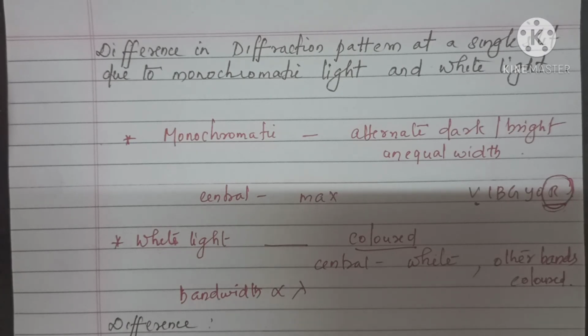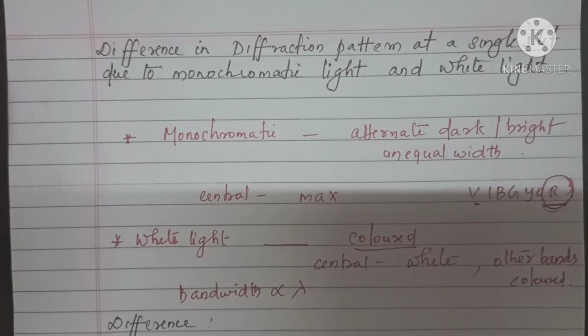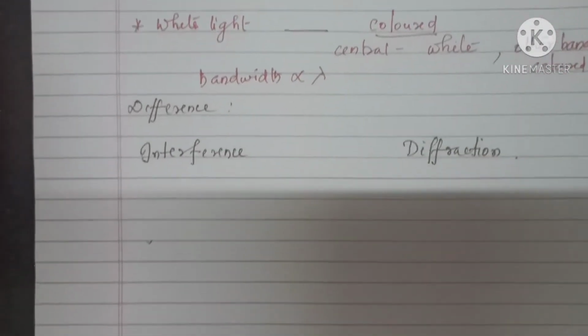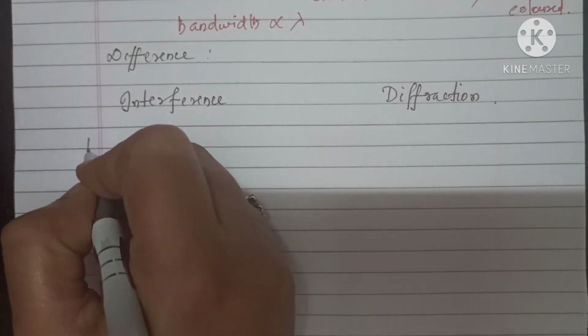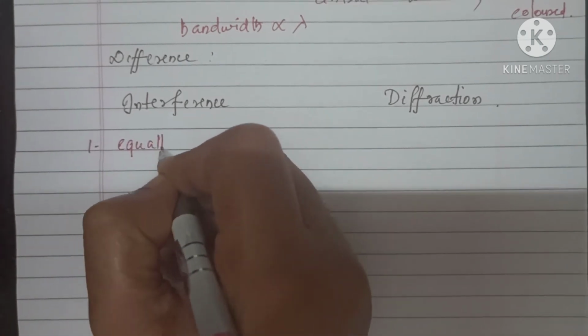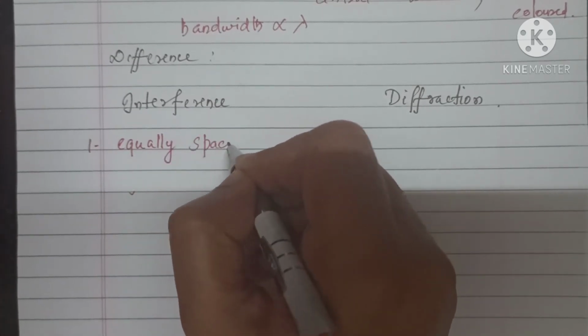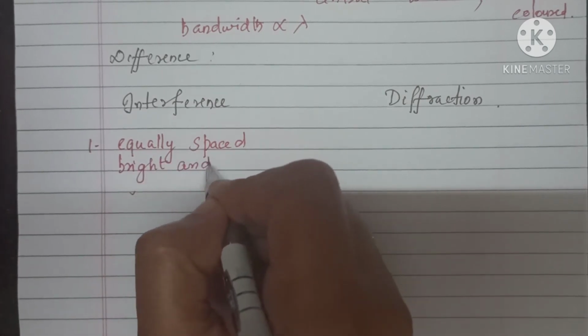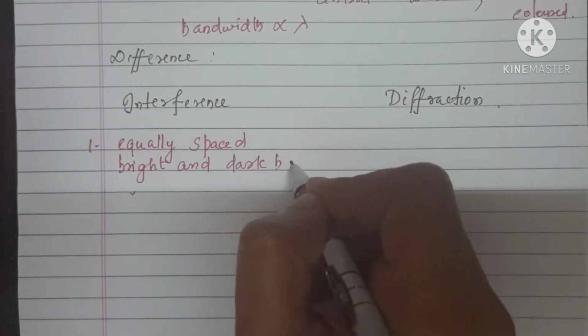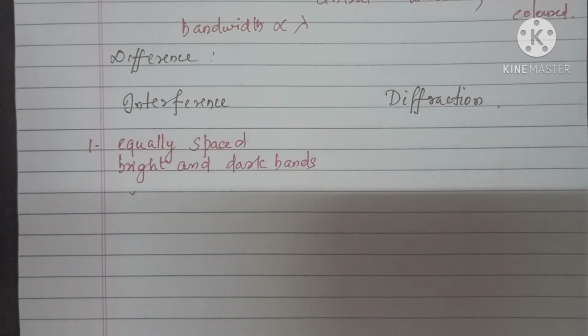Very good question. Now we will discuss certain differences between interference and diffraction. This is also a usually asked question for board exams. What are the differences between interference and diffraction? First of all, in the interference pattern you are getting equally spaced bright and dark bands, isn't it?